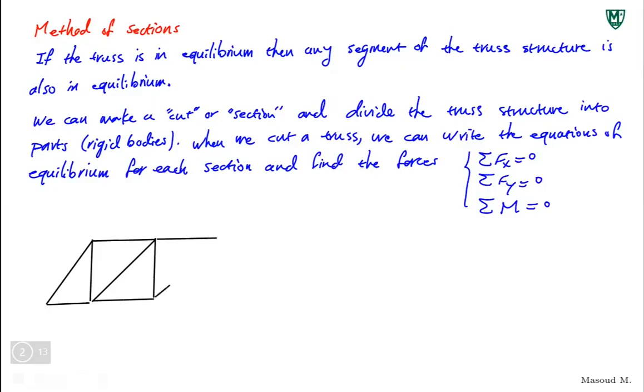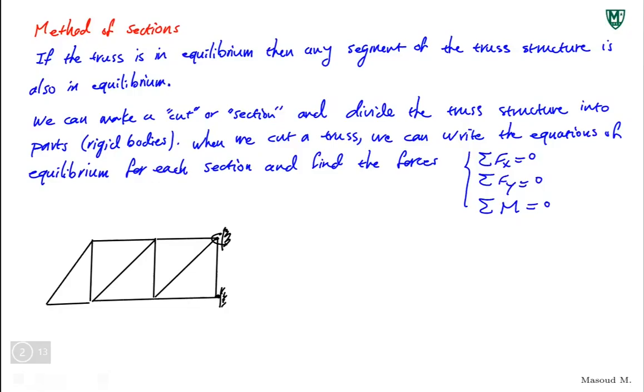Then let's add another part. Let's also make a member here. And here we have a joint. This is a pin support. And let's put a roller there.